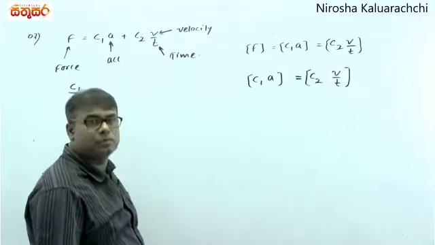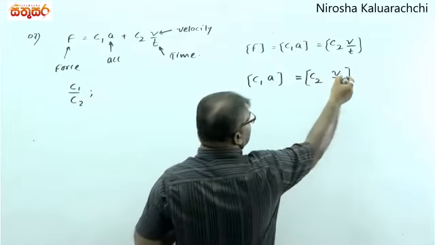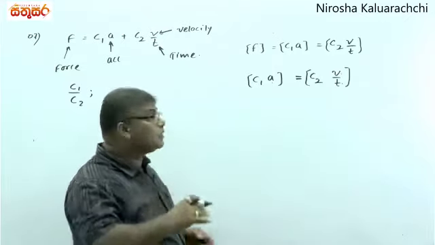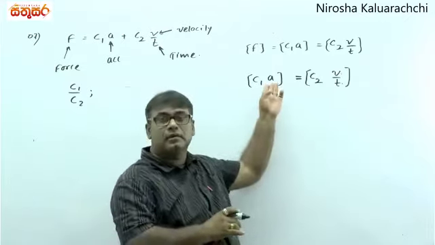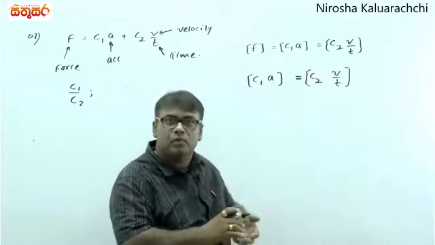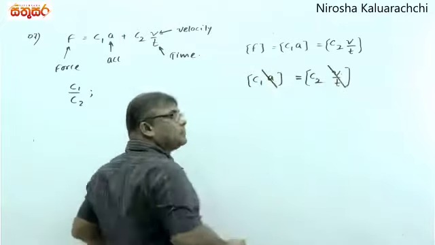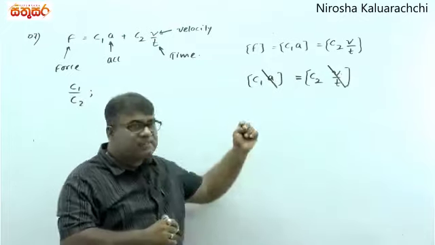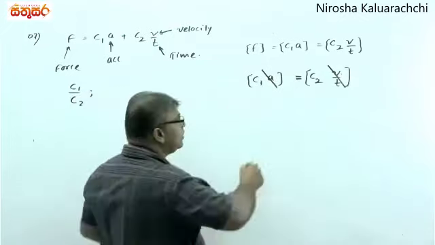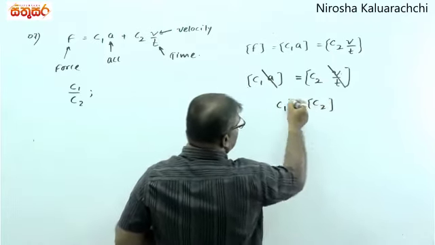Very easy. Why? Acceleration is similar to V over T, velocity over time. On the left side acceleration, and V over T, velocity over time, is also acceleration. No need to write the dimension. You can cancel them. A cancels with V over T. So we have C1 equating with C2 dimensionally.